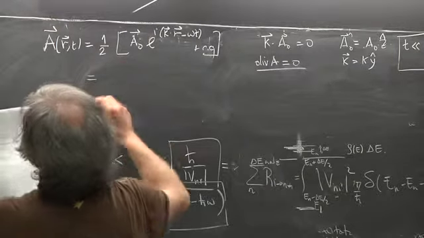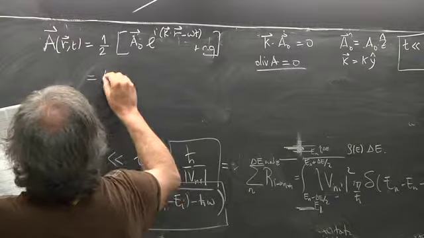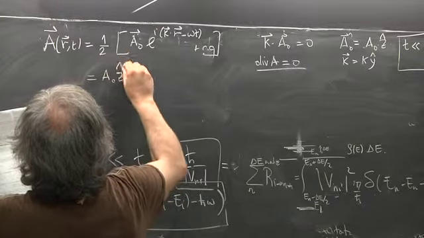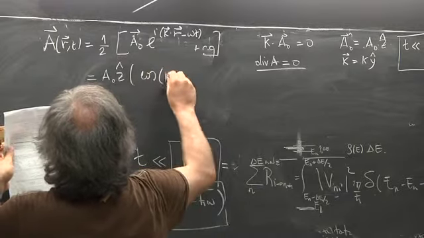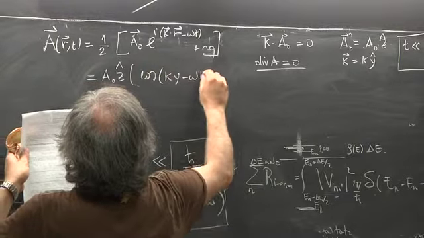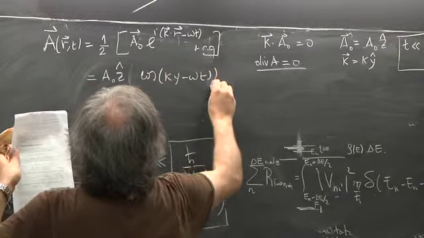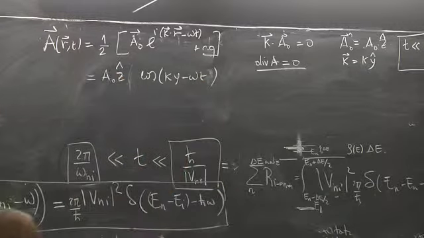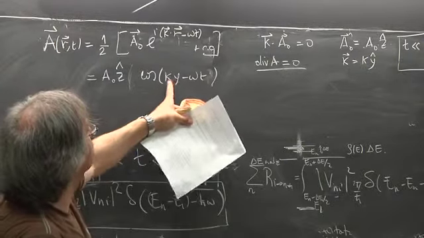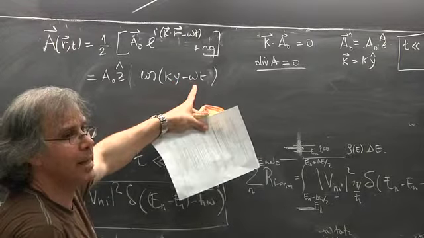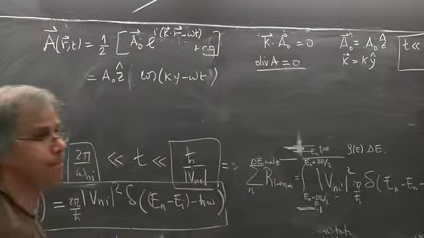You can realize immediately that you have here A0 z times the cosine of ky minus omega t. Okay? So this vector potential is a vector potential along z, which moves like a plane wave, okay, with a certain k and omega in direction y.